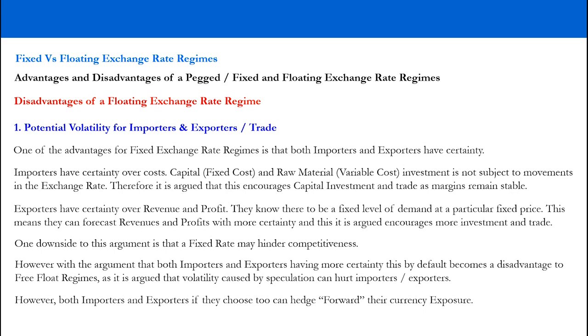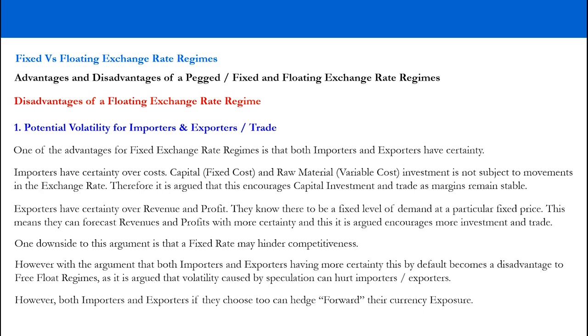So now we're going to look at basically the disadvantages of floating, the advantages for fixed. And the main advantage and the main argued advantage for fixed exchange rate regimes is the elimination of volatility for importers and exporters in the terms of trade.